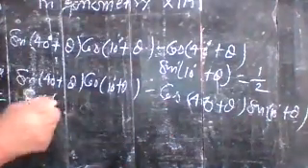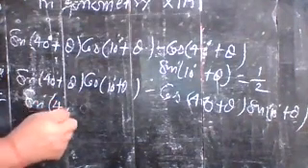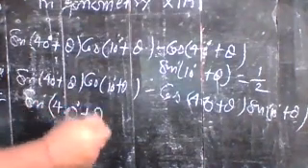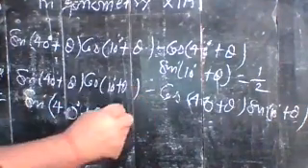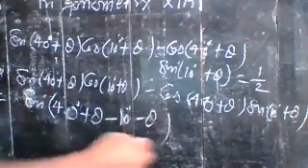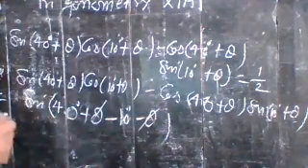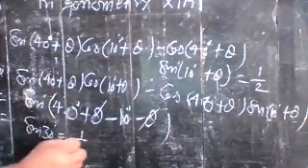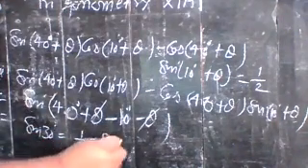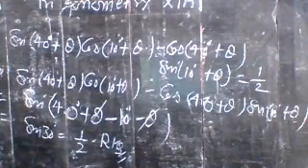Applying it, sin of (40° + θ) minus (10° + θ). Here you write the bracket, so the sign changes, giving 40° − 10°. So θ and θ cancel out, and you have sin 30°, whose value is 1 by 2.